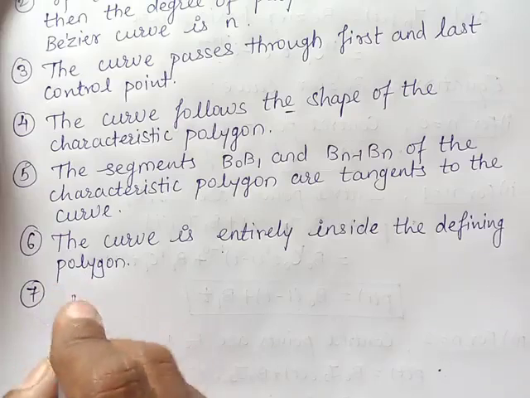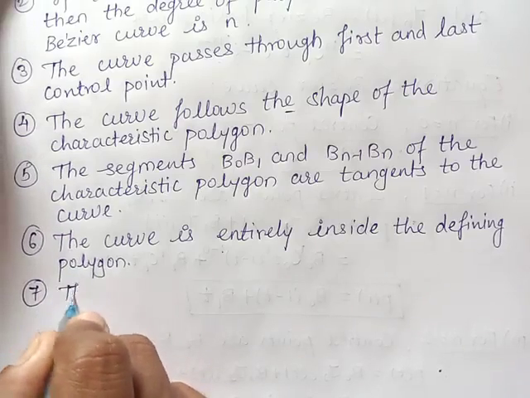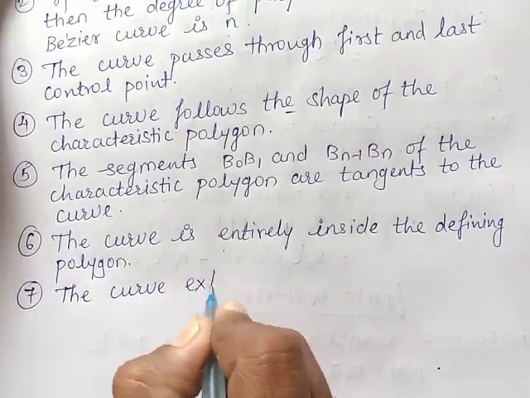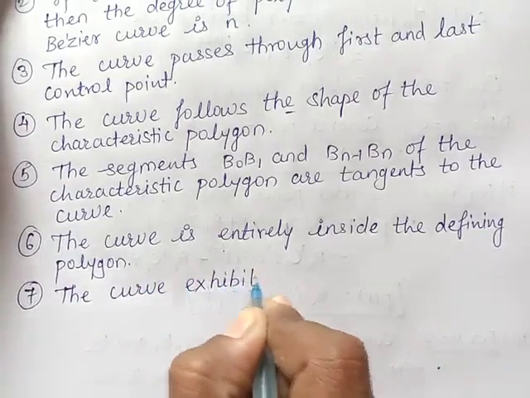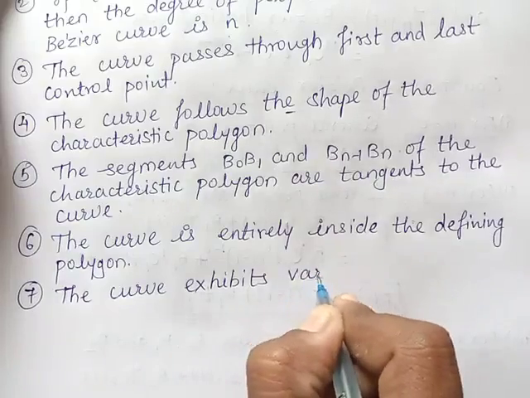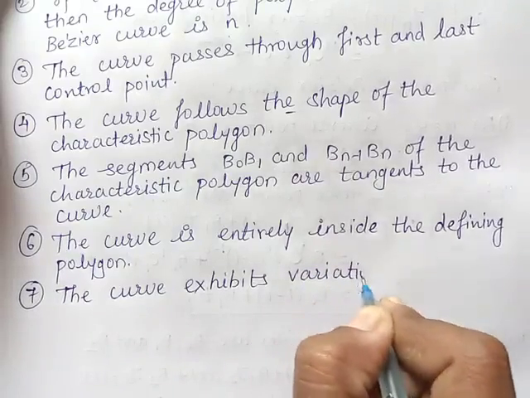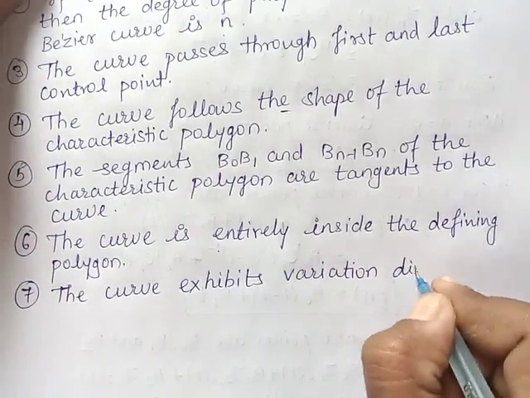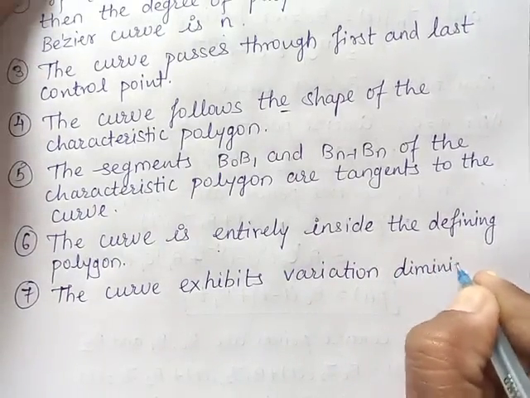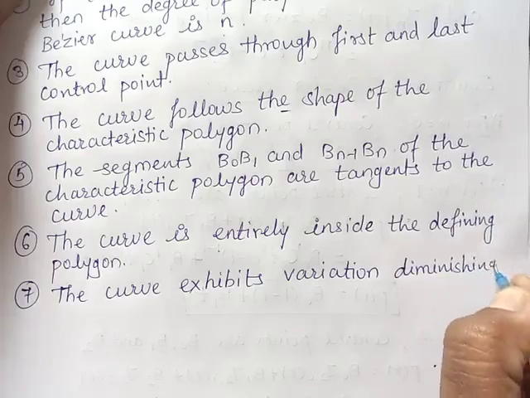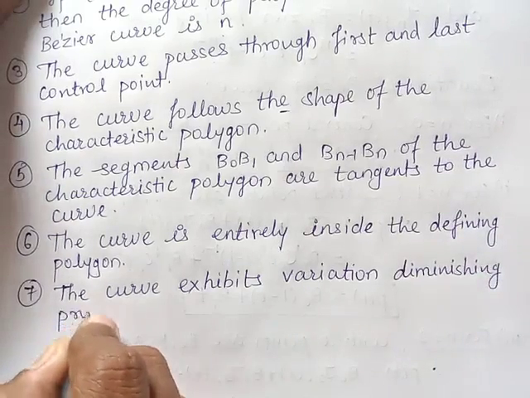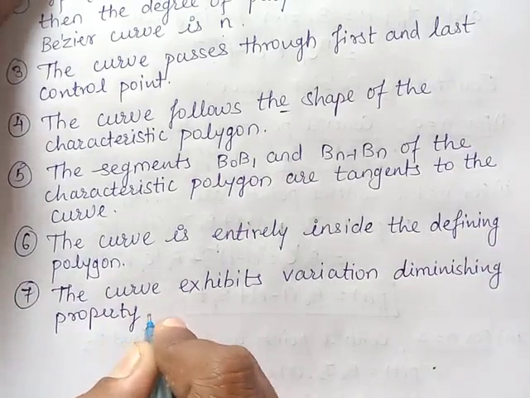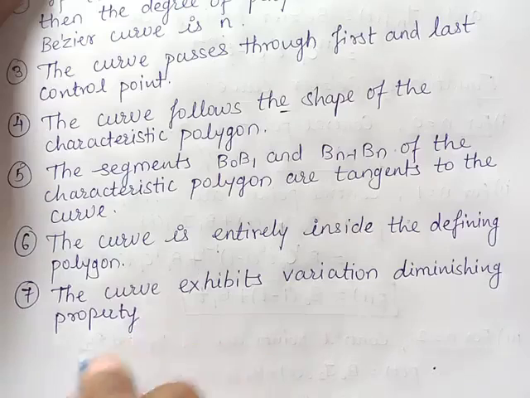Seventh property says that the curve exhibits variation diminishing property. Now what does it mean? It is nothing but small variations are adjusted.